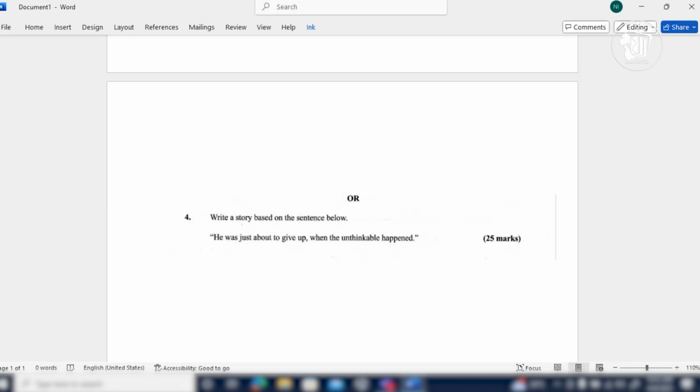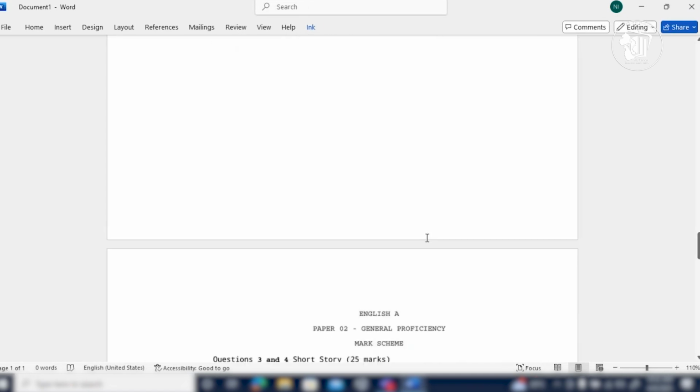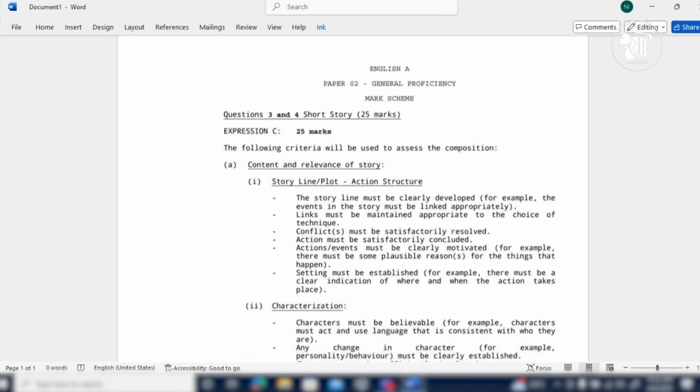So, in addition to all that I've said, we're going to go through the mark scheme, and this will help us to recap what is necessary for a short story. So our technicians will help us to put the mark scheme up. Yes.